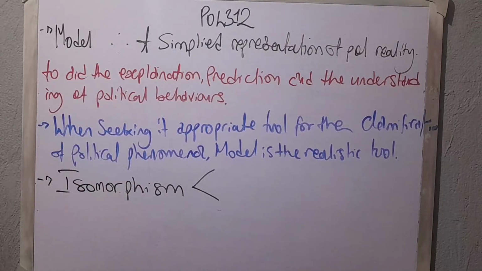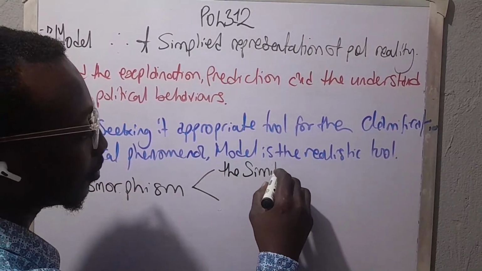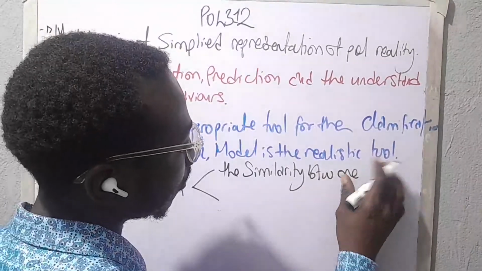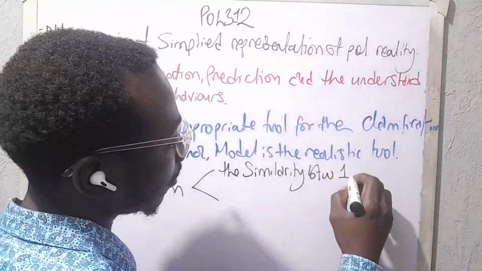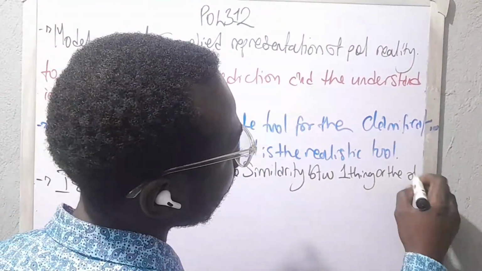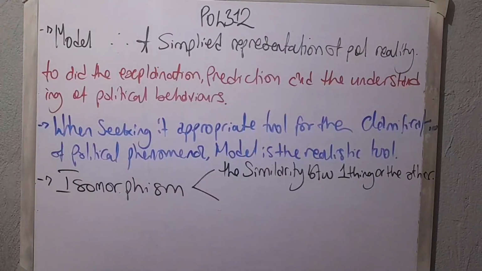Are we together? Now, when we talk about isomorphism, what are we referring to? It refers to the similarity between one thing or the other.